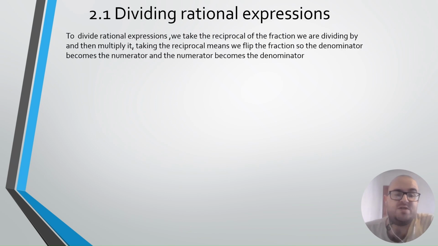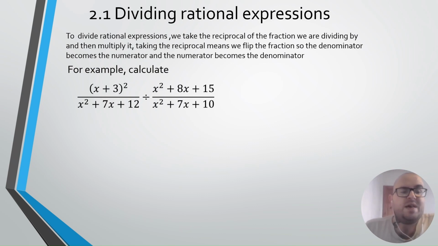Dividing rational expressions. So what happens when you divide a fraction is the exact same when you're dividing an algebraic fraction. So what you do is the one that you're dividing by, you flip it and just multiply it. So let's have a wee example. x plus 3 squared over x squared plus 7x plus 12 divided by x squared plus 8x plus 15 over x squared plus 7x plus 10.